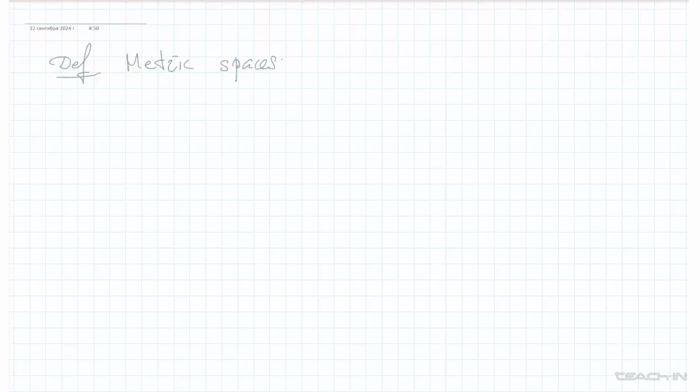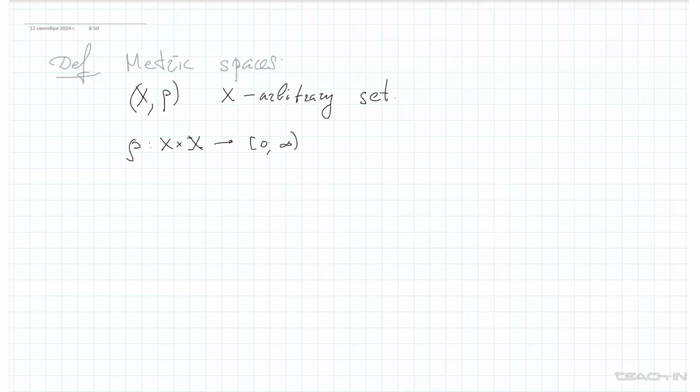So yes, you're right. So metric space, it is a pair. X is arbitrary set. And ρ, it is a metric or distance. It is a function on the pair of elements of our set, or on a Cartesian product, into the non-negative numbers with property.